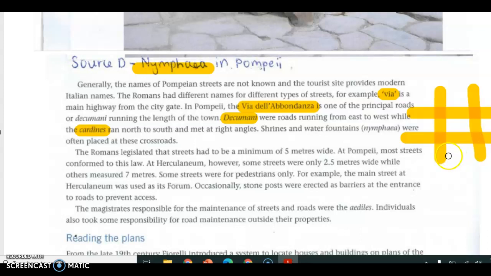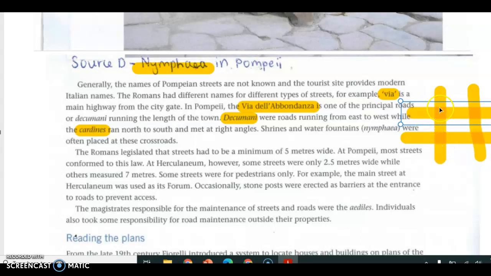So decumani are the roads running east to west. So this one here, east, west. They would sit horizontal. So decumani is any road running east to west, whereas a cardine is any road going north to south. So they go vertically. And they meet at right angles, and that forms the insulae or the block.